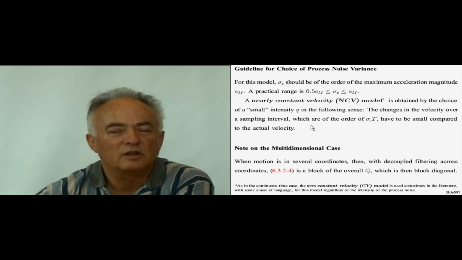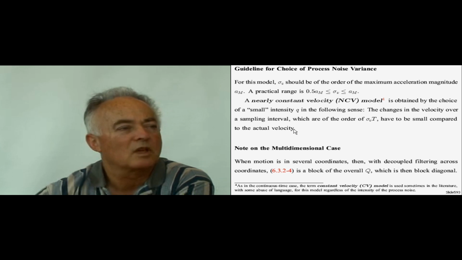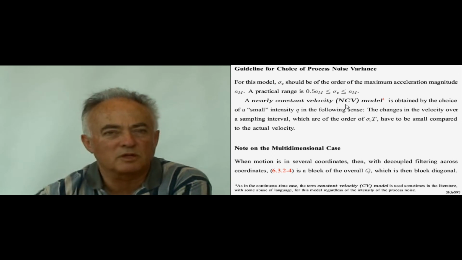So again, a relatively small fraction, 1%, 5%, 10%, can be said to be nearly constant velocity. Again, in the literature, instead of NCV, you can find extensively the term CV model, even though it's definitely not constant velocity because there is a noise there.